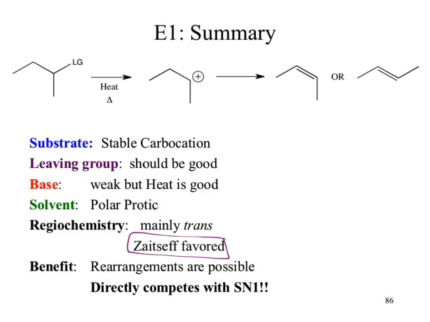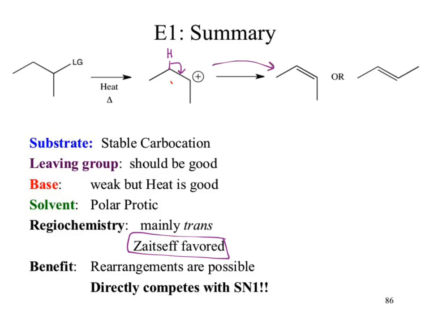So what is Zaitsev talking about? When we go through and look at this, we have a hydrogen that we can eliminate to make the double bond. That looks like it would produce this purple structure. Right?